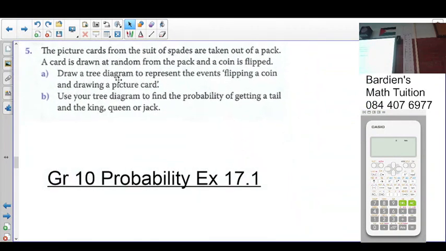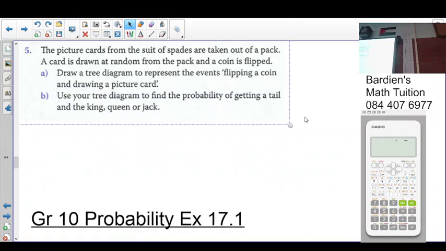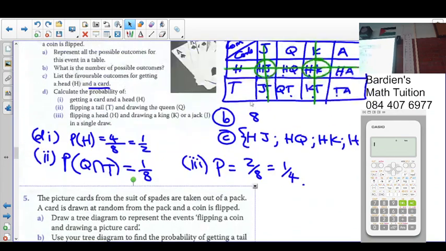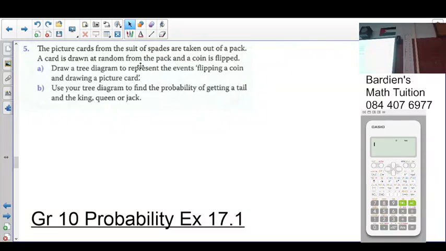Question 5. A picture card from the suit of spades is taken out of a pack. So how many picture cards are there? 4. What are the picture cards?